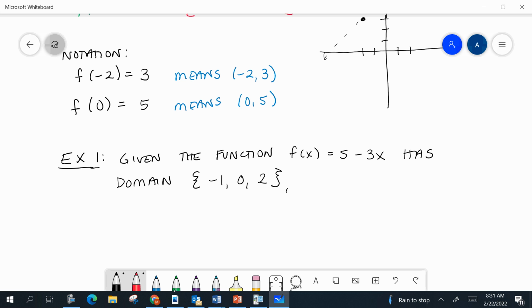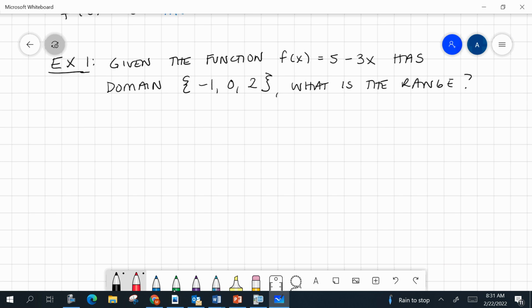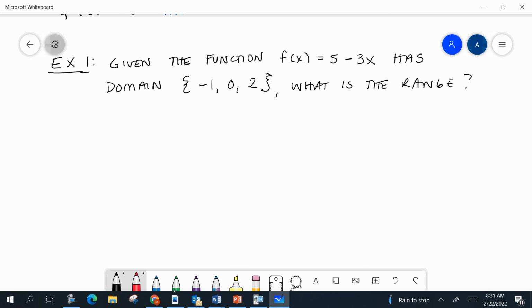Okay, what is the range? All right, so take a second, hit the pause key if you need to write this down. So given the function, given the domain, -1, 0, and 2, what is the range?